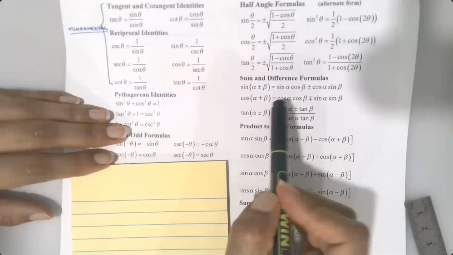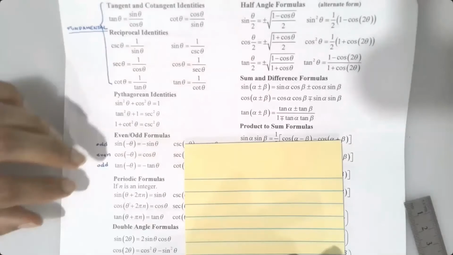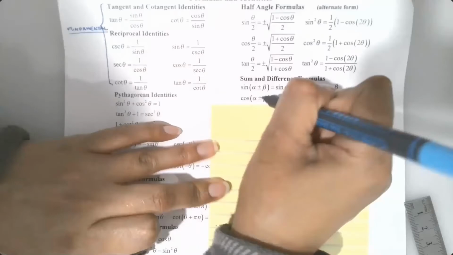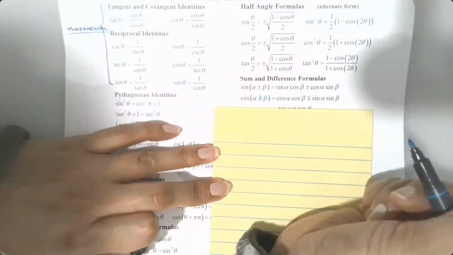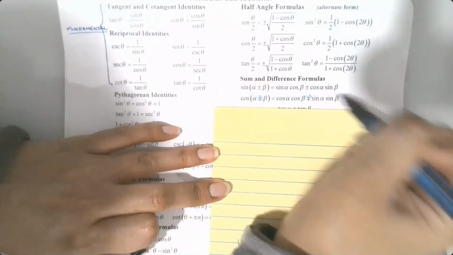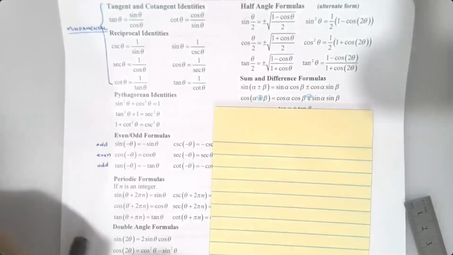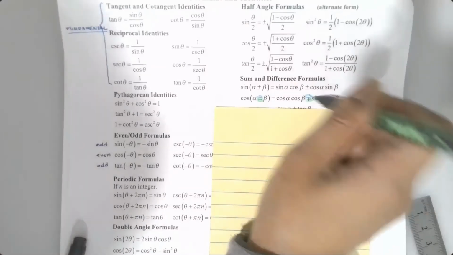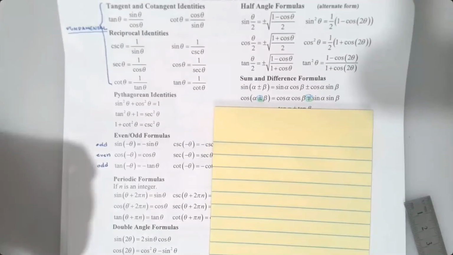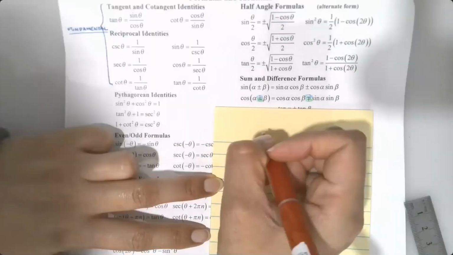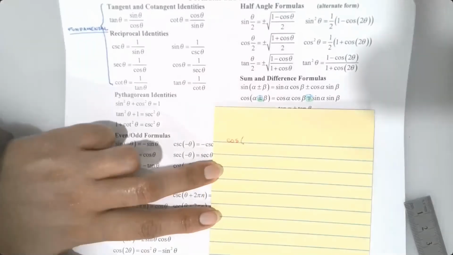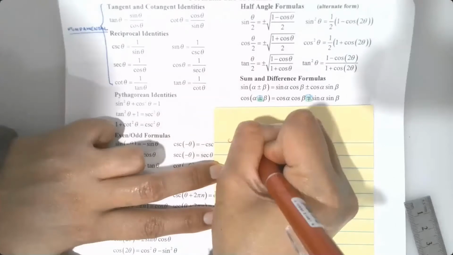They do that to save some room so that they're not rewriting the whole thing if the only thing that is changing is a sign. But basically, when you look at the top symbol on the left-hand side, that means that we also look at the top symbol on the right-hand side. And if you look at the bottom symbol on the left-hand side, then we look at the bottom symbol on the right-hand side as well. So there are two formulas happening here, and I'll write them on a separate sticky so we can figure out what they are. I'm going to change the alpha and beta to A and B to make it simple for ourselves to see.